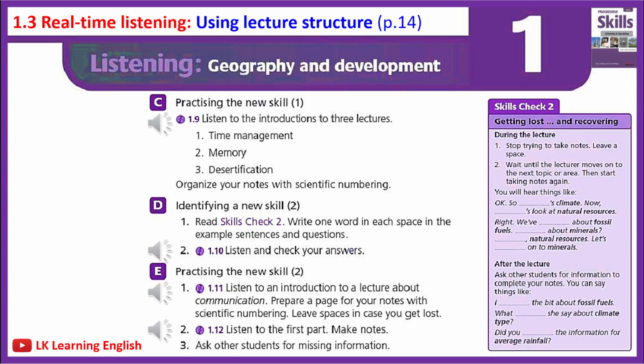Exercise C. Listen to the introductions to 3 lectures. Lecture 1, Time Management. Okay, so this week I'm going to talk about time management. There are 2 main topics or areas within time management. Firstly, managing people, and secondly, managing things.